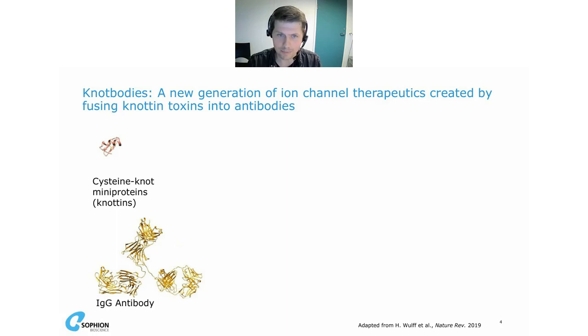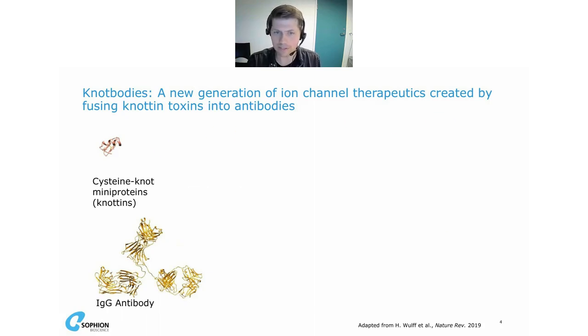On the other hand, antibodies have been employed to improve potency and specificity, but designing antibodies targeting ion channels, especially voltage-gated ion channels, is difficult, because their extracellular domain is really small, so it's difficult to find an epitope. And then this epitope might only be available in a short time window when the channel is in a specific conformational state.